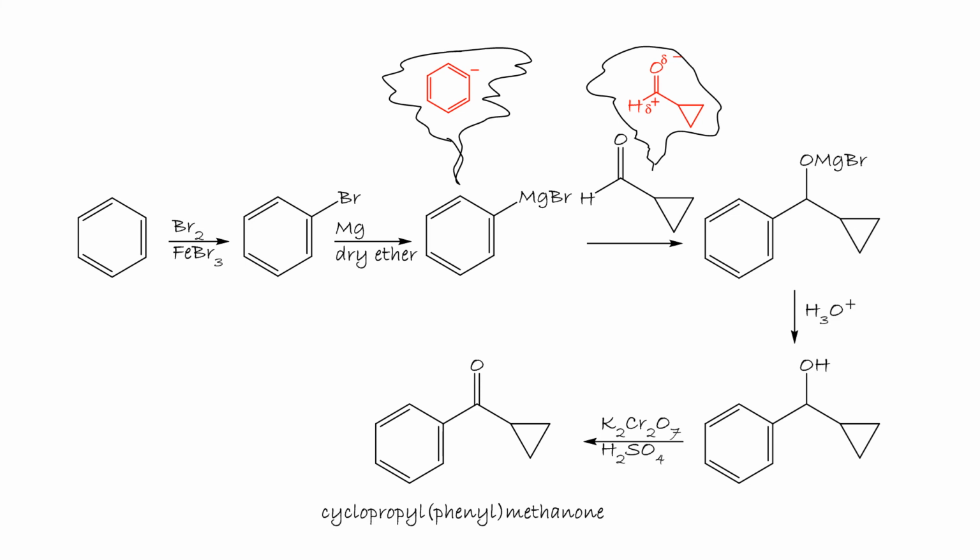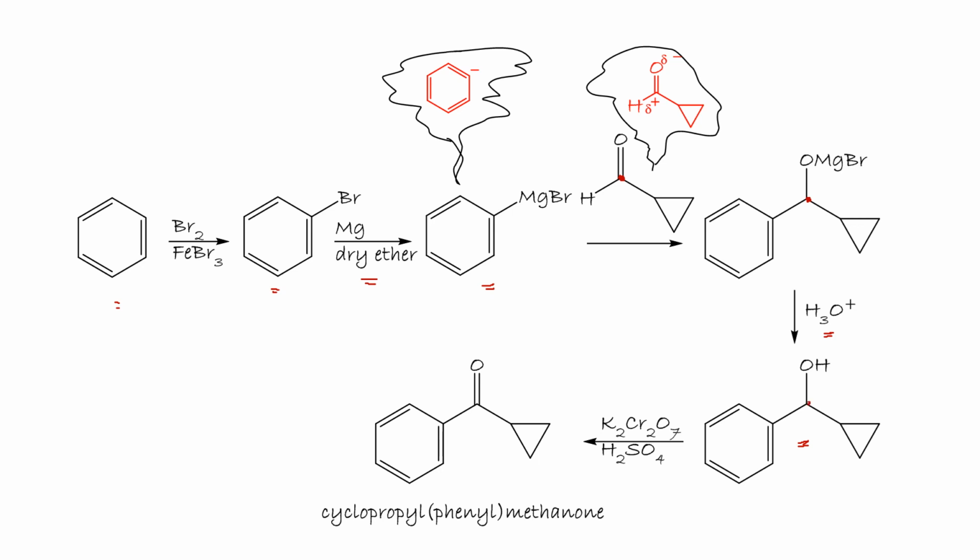So if we start with benzene, bromination, bromine and iron(III) bromide to get bromobenzene, react with magnesium in dry ether to get phenyl magnesium bromide, react that with an aldehyde, form the salt, which hydrolyzes to give an alcohol, secondary alcohol.